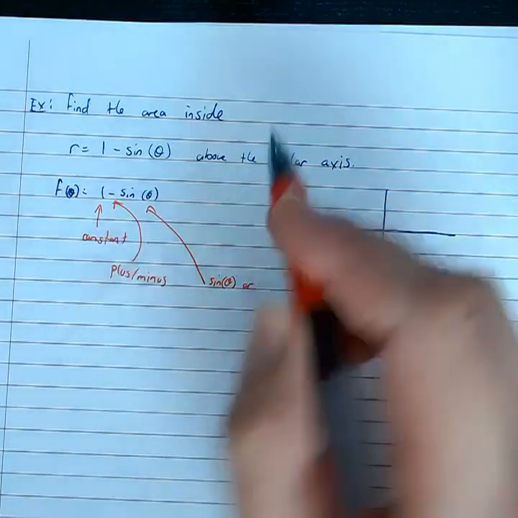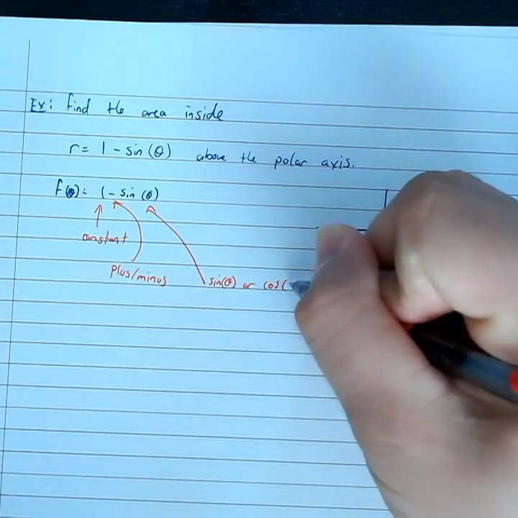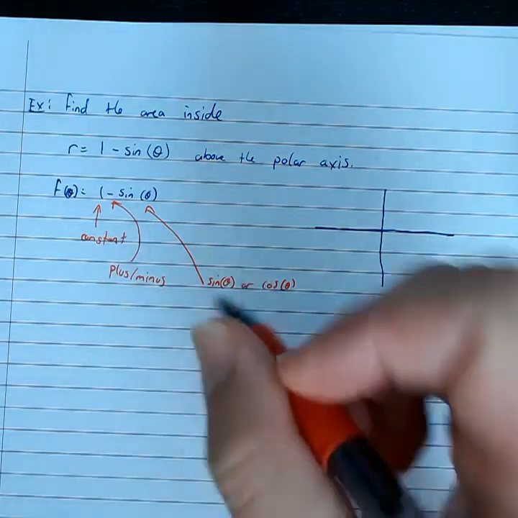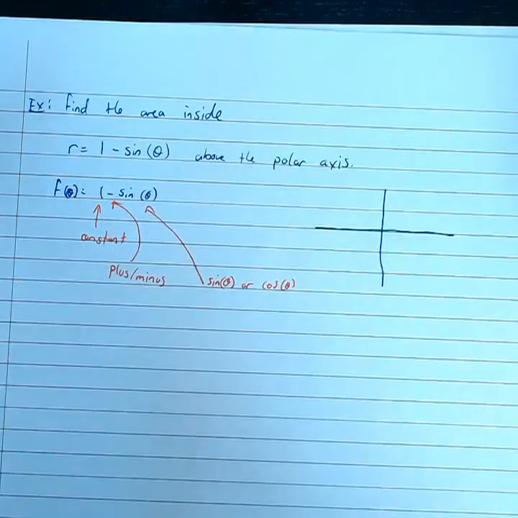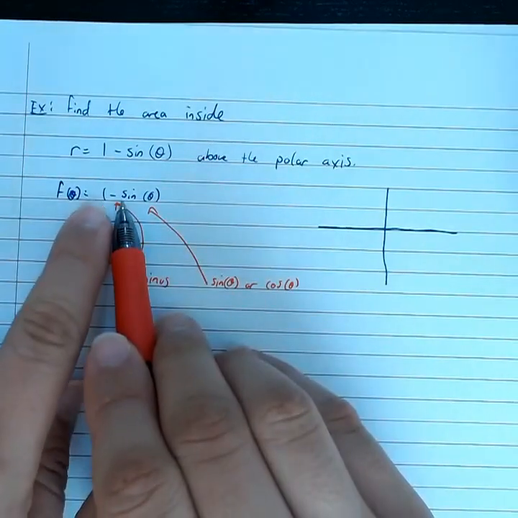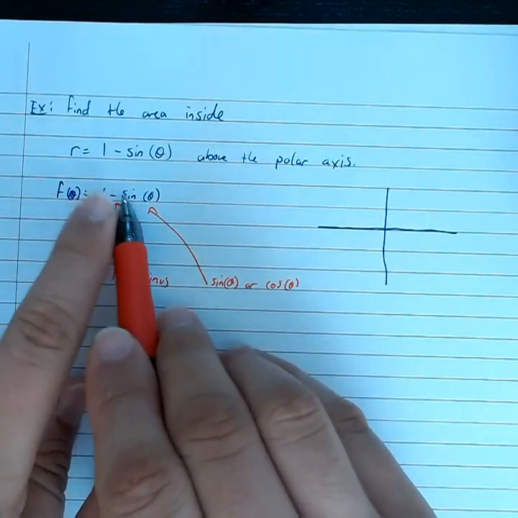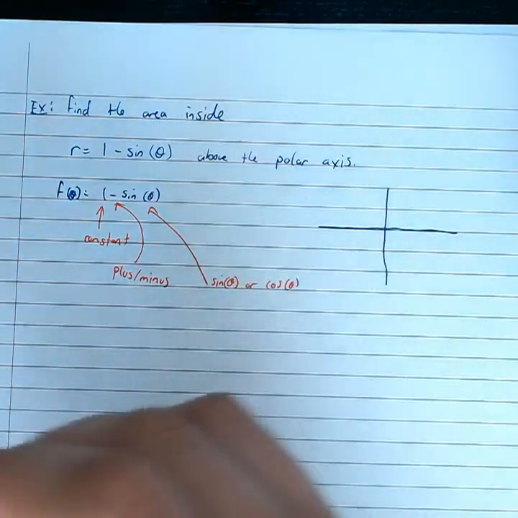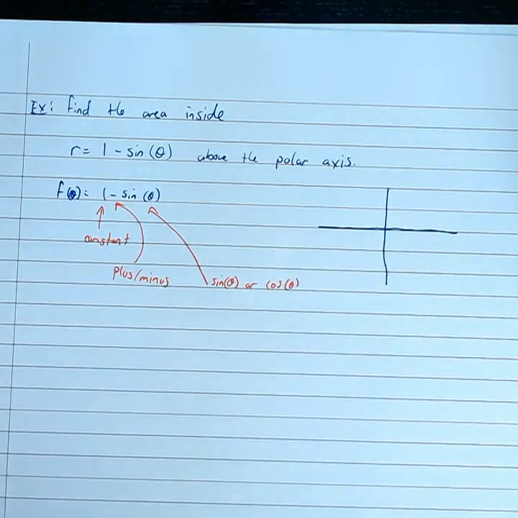But if it's just sine of theta or cosine of theta, if you have a constant plus or minus sine of theta or cosine of theta, that's going to be a limaçon. And whenever these two have the same coefficient, if that's a 1 and a 1, or a 2 and a 2, a 3 and a 3, then that's a cardioid. A cardioid is just a special case of a limaçon.